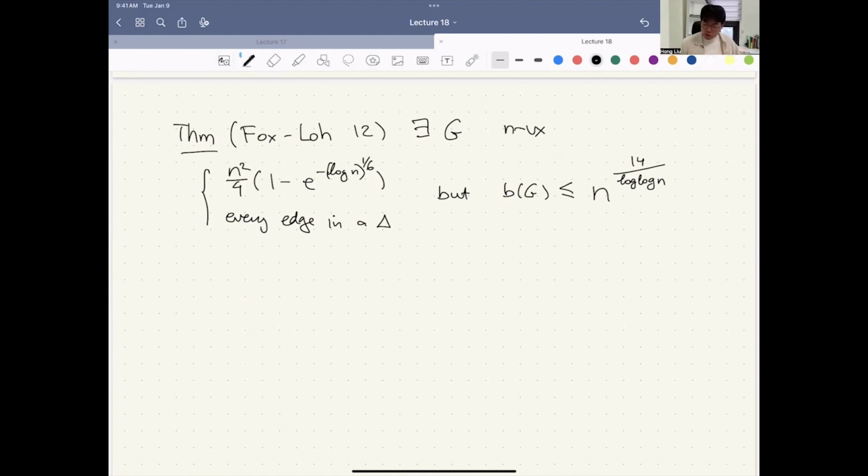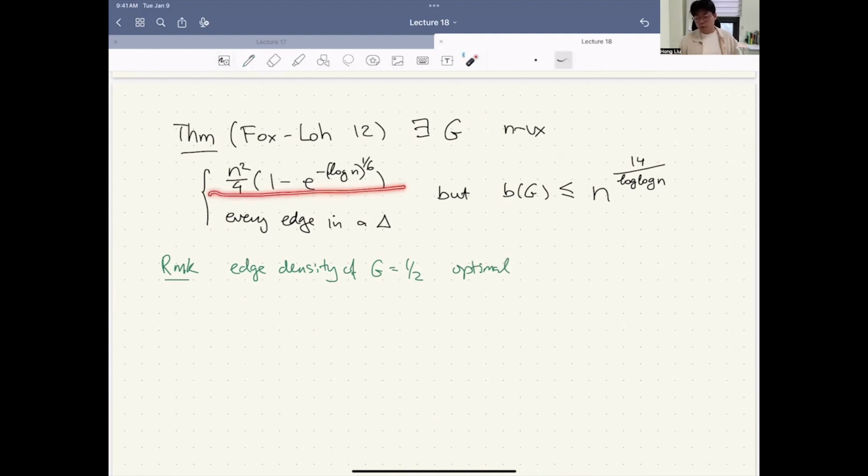First of all, a remark: this edge density 1/2 is obviously optimal. Edge density of G being 1/2 is optimal because of these Edwards results. If you go above n squared over 4 plus 1 edges, even without this condition, you get a book of size n/6. So there is a sudden drop from linear in n book size.